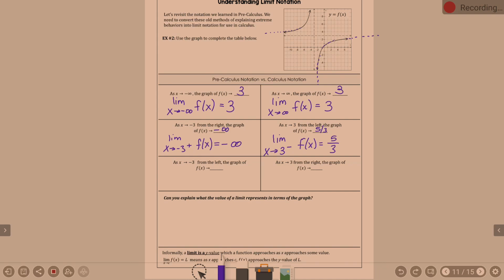As x approaches -3 from the left, the graph of f of x approaches positive infinity. We're hopping on the graph close to -3, and now we're going up, so that is indeed positive infinity. The limit as x approaches -3 from the left of f of x is equal to positive infinity.